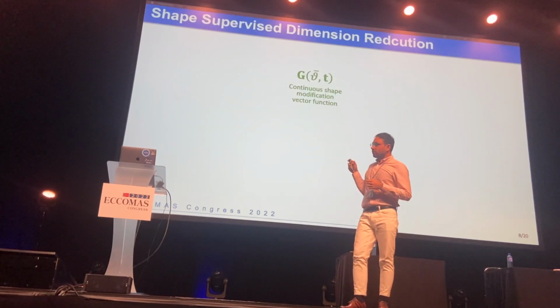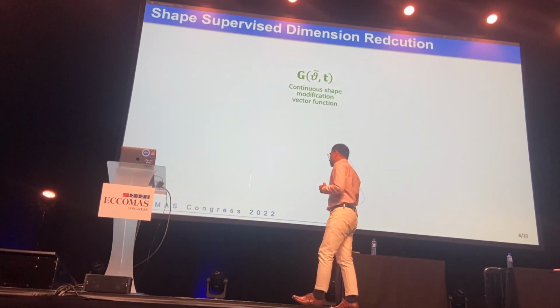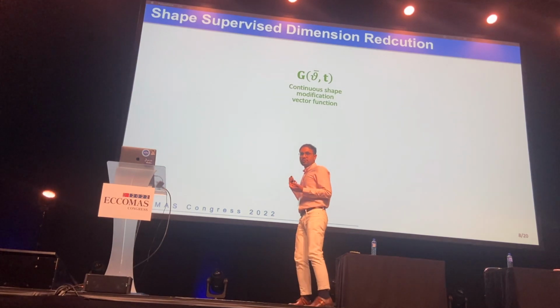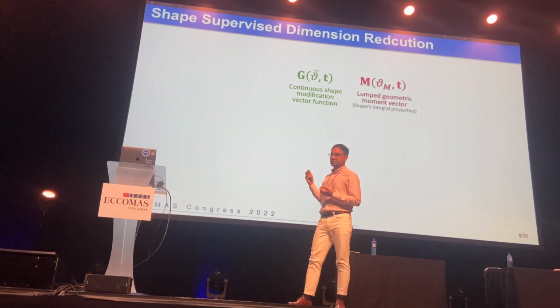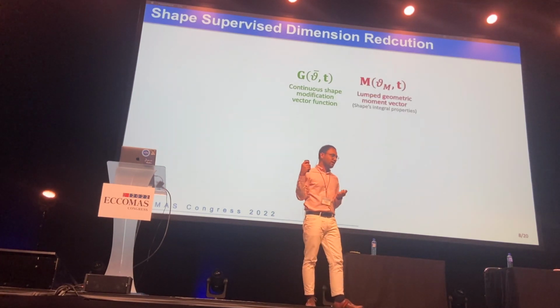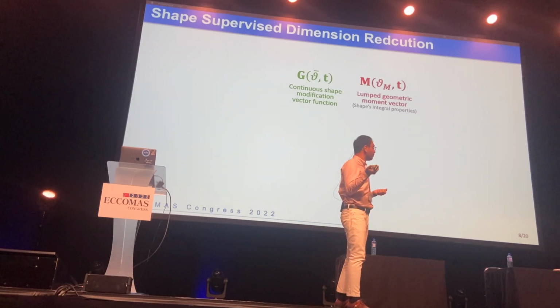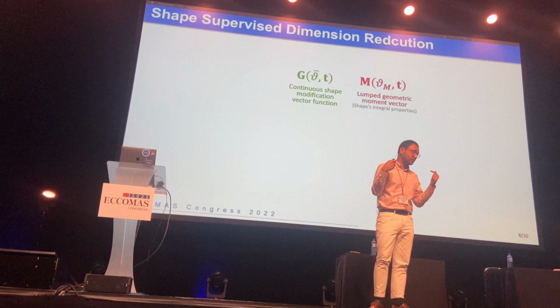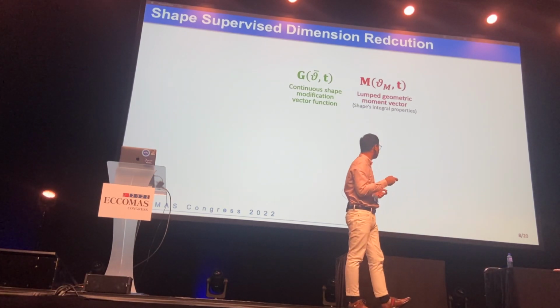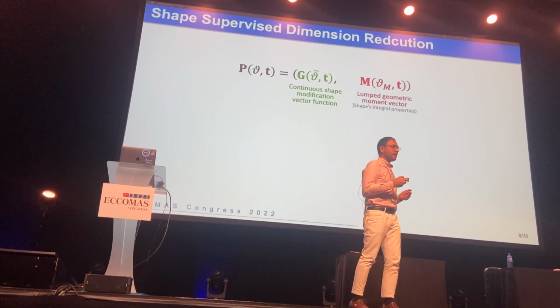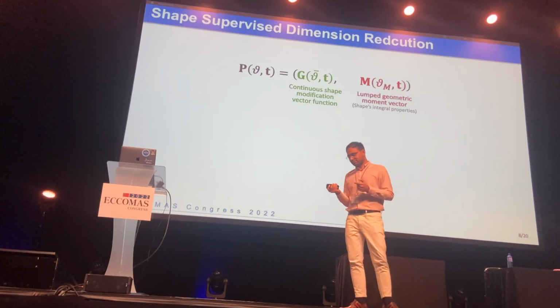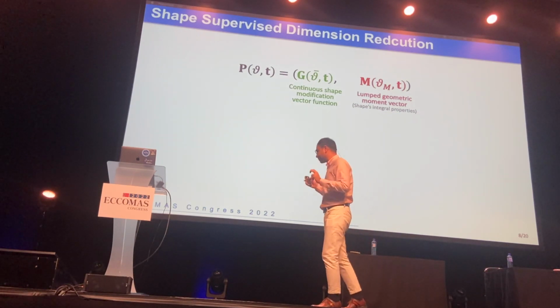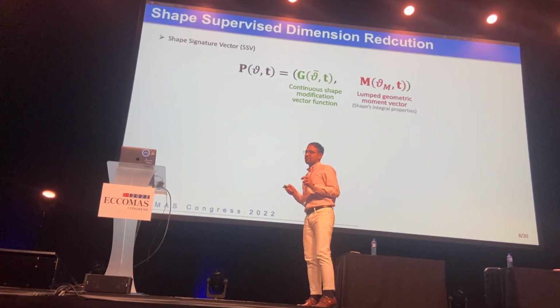So the idea here is that we have this continuous shape modification function, and we add another function, which is widely known as the moment vector. I will talk about what the vector is in the next slide. We take this and construct a new shape modification vector function, which we call the shape signature vector.